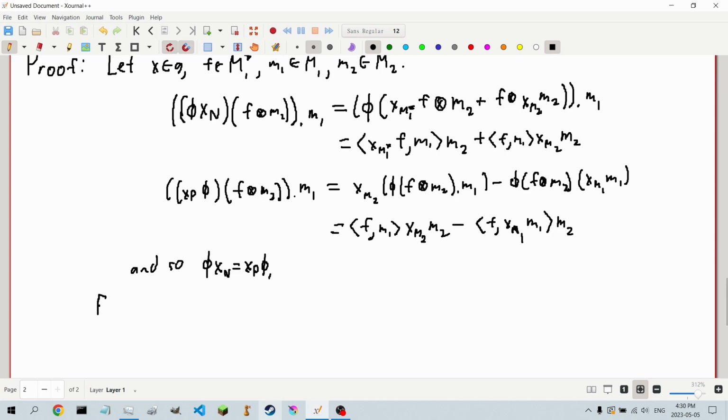And for our second case, for x and g, u in the linear maps from M1 to linear maps of M2 star, well, I guess the dual map of M2, dual set. And we have M1 in M1, M2 in M2.